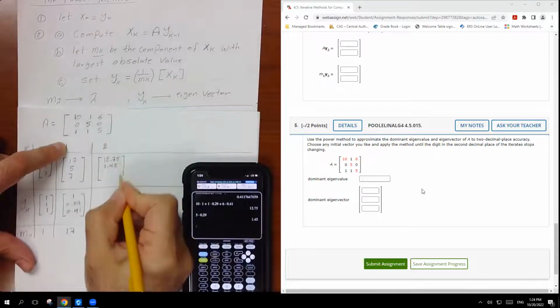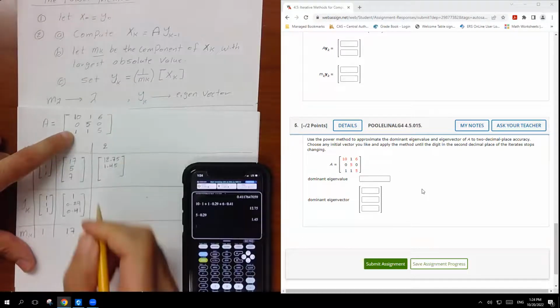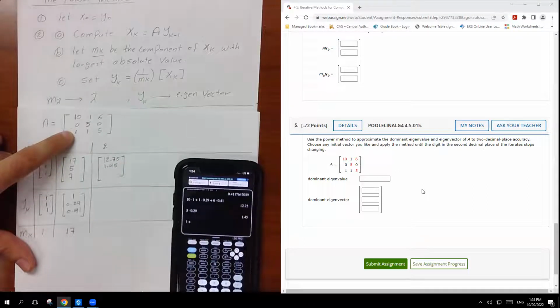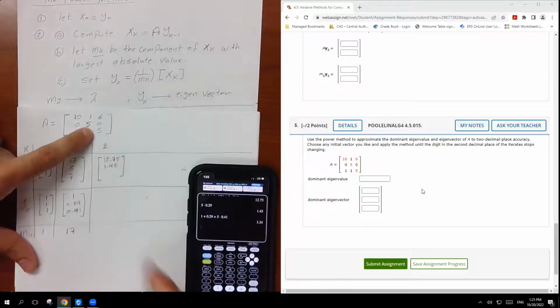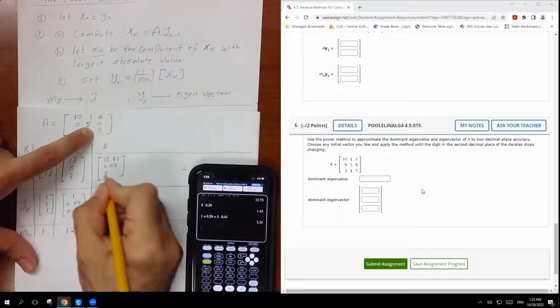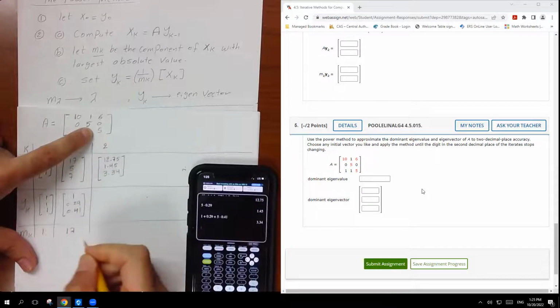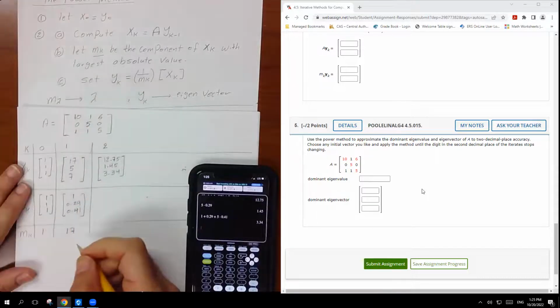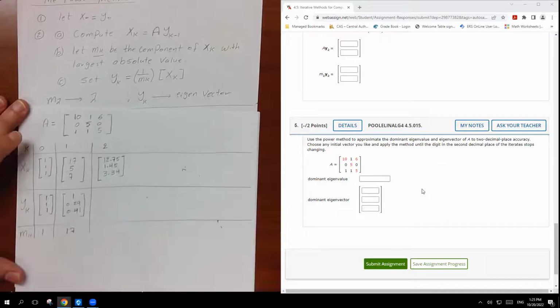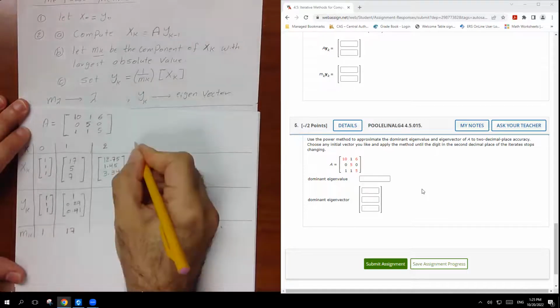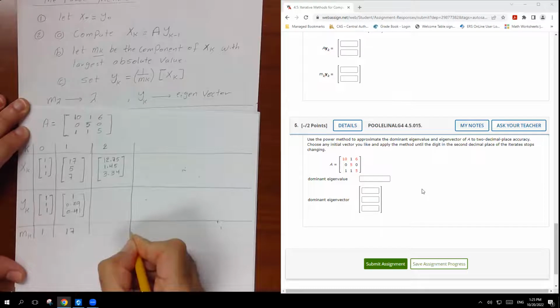Now we need to find the third row: 1 times 1 is 1, plus 1 times 0.29, plus 5 times 0.41, which is 3.34. So this is the second xk. Now we need to find the dominant eigenvalue, which is the 12.75.